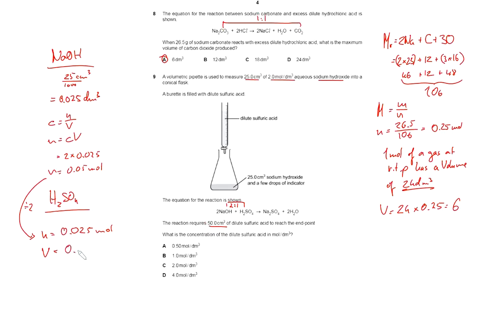Again, we divide this by 1000, which is 0.05 decimeter cube, and we find the concentration by calculating moles, which is N over V, so 0.025 over 0.05, and that is equal to 0.50 mole per decimeter cube, and we can see this is answer A.